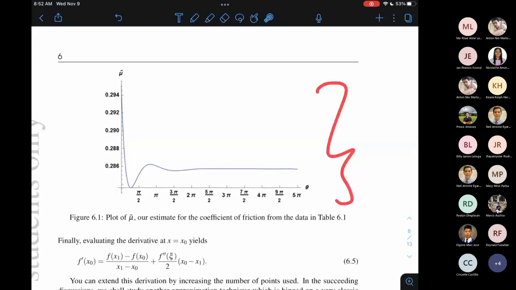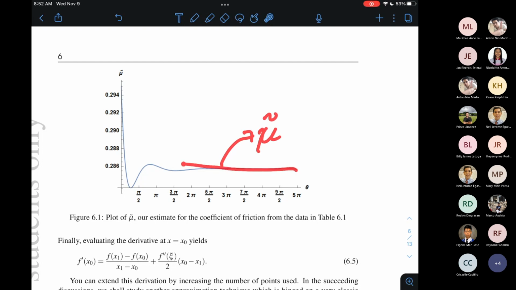Ito yung makukuha kong graph para kay mu tilde of theta, right? And you will see that almost on the entire interval 0 to 5 pi, nag-stabilize yung mu tilde sa value na 0.286.